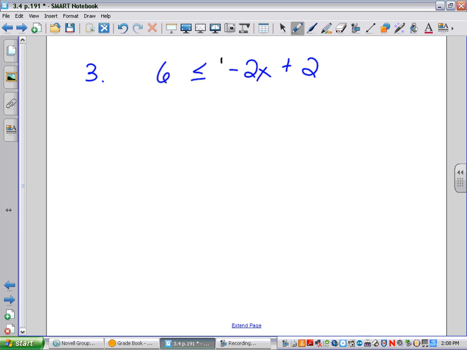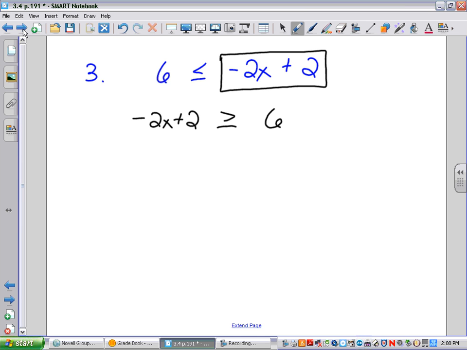So all of this, I want to be on the left. So let's put it over there. Negative 2x plus 2 on this side, and my 6 on the other side. I'm just flip-flopping it. Well, with inequalities, you also have to flip the sign. So it goes this way. It's now a greater than sign.